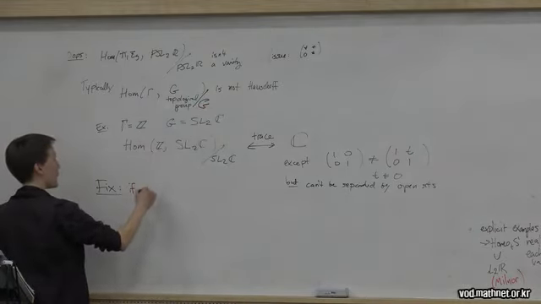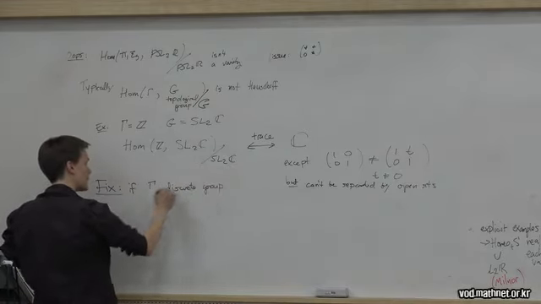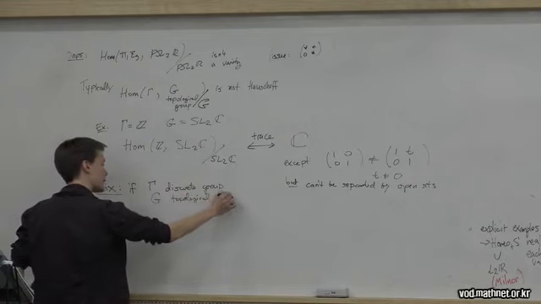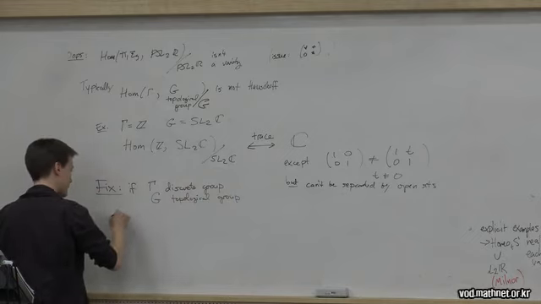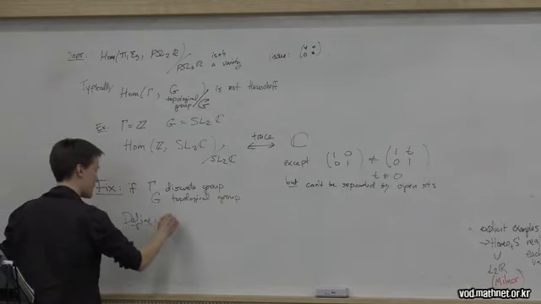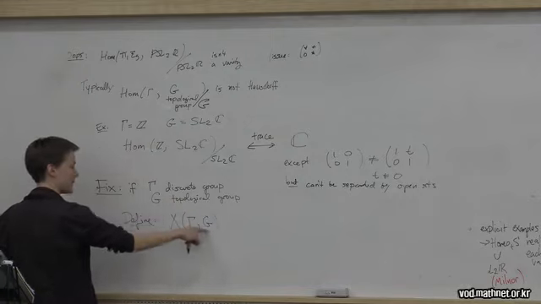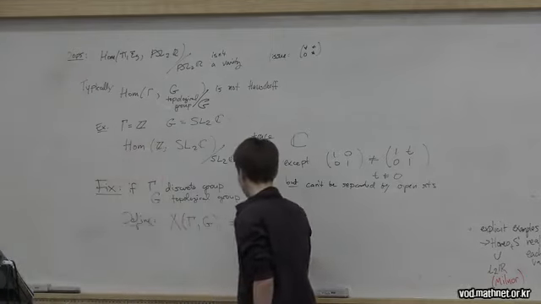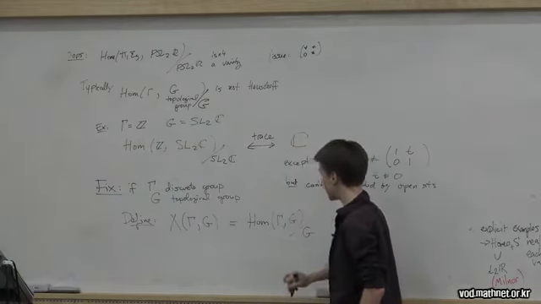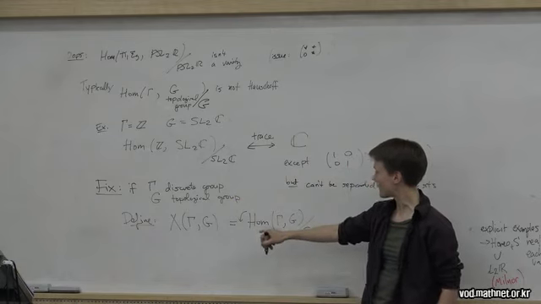So if gamma is just a discrete group, and G is some topological group, I'm going to define the character space of representations of gamma to G to just be, well, take what you want to study, Hom(gamma, G) up to conjugation, but pass to a further quotient to make this Hausdorff.